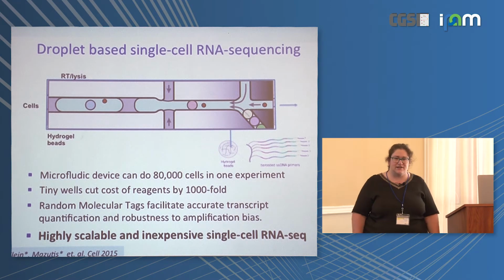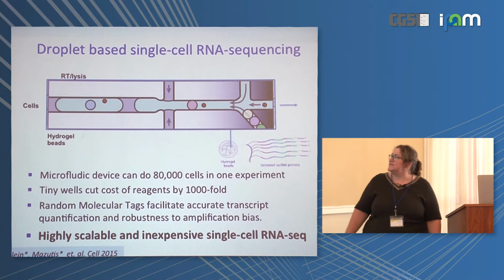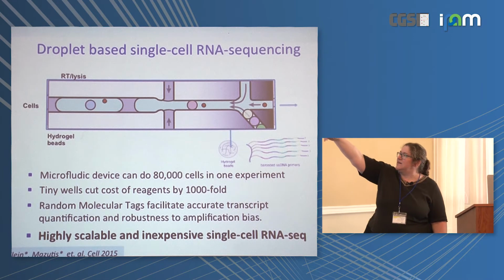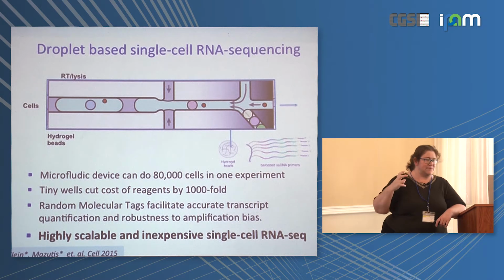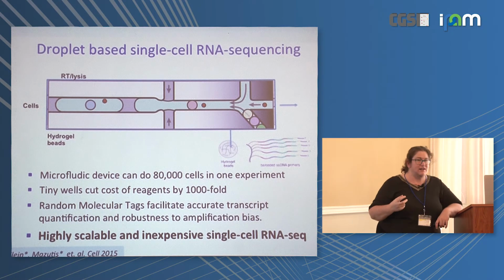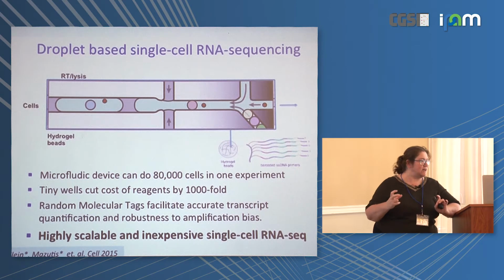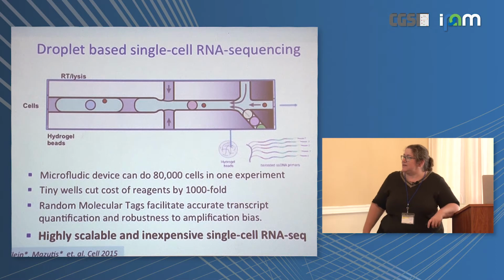The idea here is that we take cells, those are the little red things, and we encapsulate them into these little droplets. Now we have a cell with a bead inside a droplet with different enzymes. And inside the droplet, the cell bursts, lysis occurs, so its RNA is released. And on these beads, there are primers.